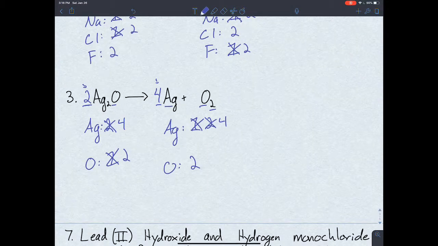But that wouldn't work because I would have 2 silver. That's what I did initially, right? I put a 2 and it still wasn't balanced because my oxygens weren't balanced. I was thinking to simplify it, but you have to remember there's a 1 here. So if you divided everything by 2, you would get a half, and you can't have a half of an atom.